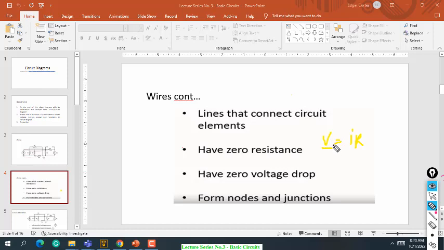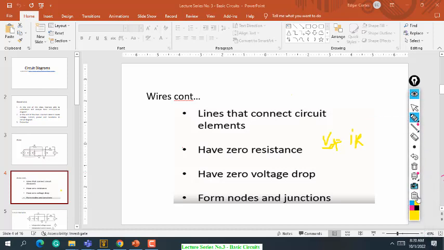But in basic circuit analysis, we neglect the voltage drop across the wire. Remember, class, what we neglect is only the voltage drop across the wire. Mostly in our examples later or in our upcoming topics, we solve voltage drop not across the wire but across the device, for example, in a resistor.